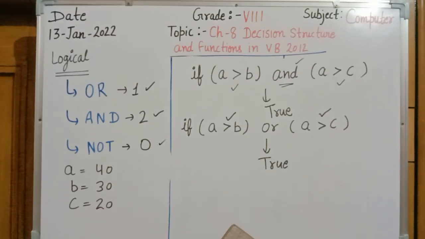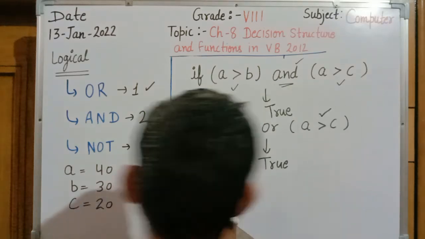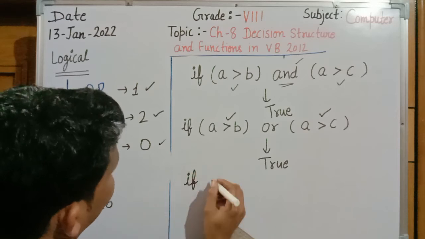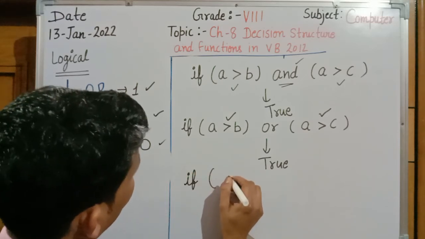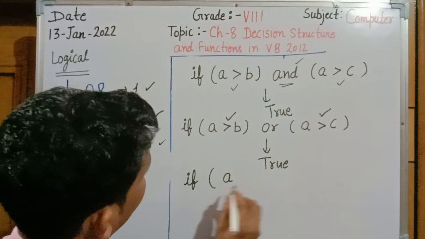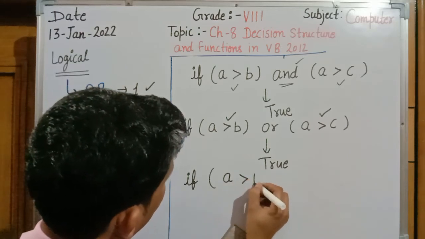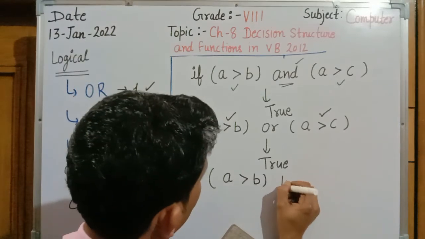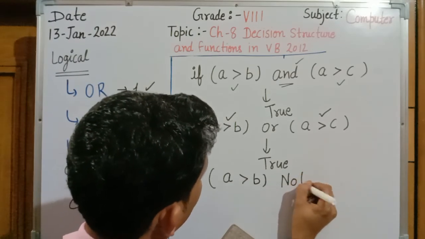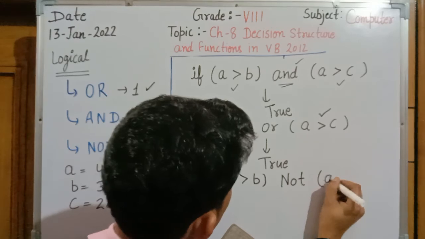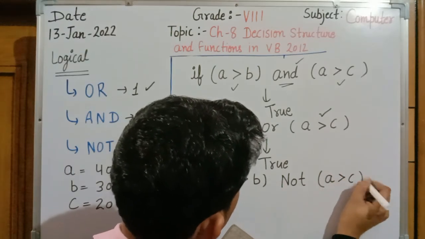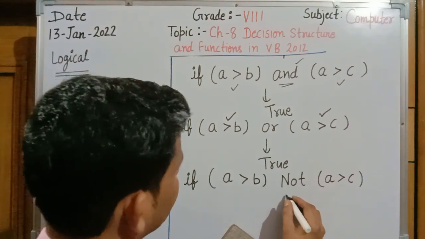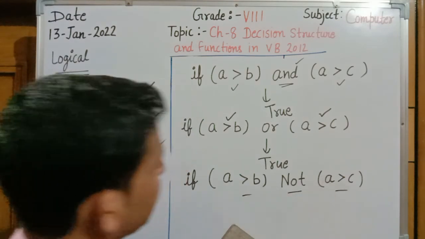Now the third is NOT. NOT means, if I am writing if A greater than B, not A greater than C, in that case both should not be satisfied.